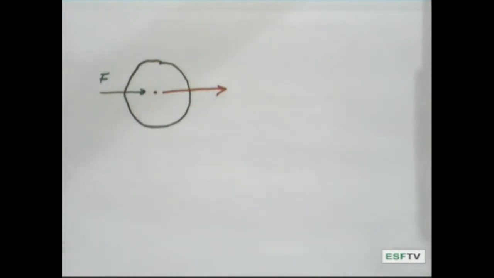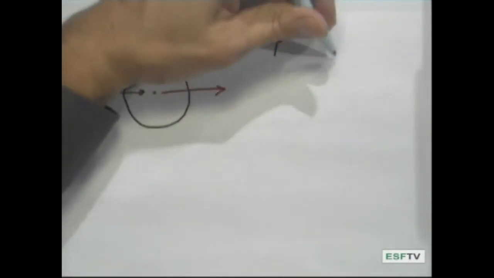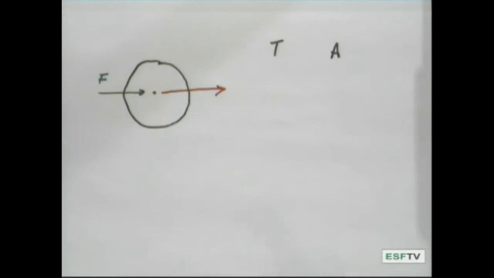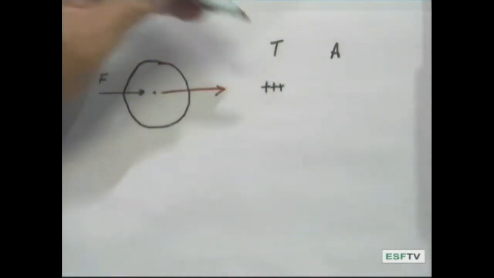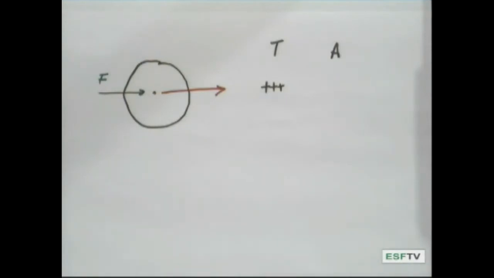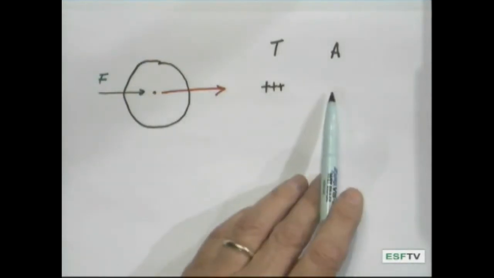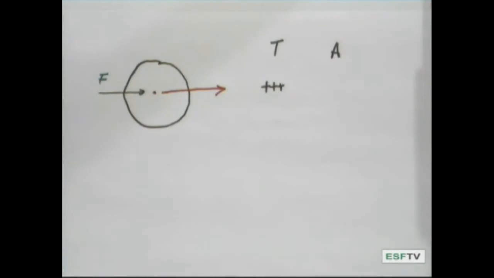In this instance, there's going to be no angular momentum because you've had no moment arm or force applied through a moment arm to set the object spinning. And so if we build a table for translational momentum or angular momentum, all the momentum is going into translational momentum and none of the momentum is going into angular momentum.